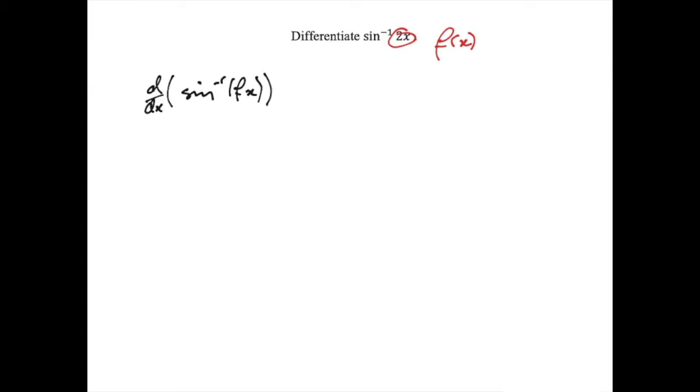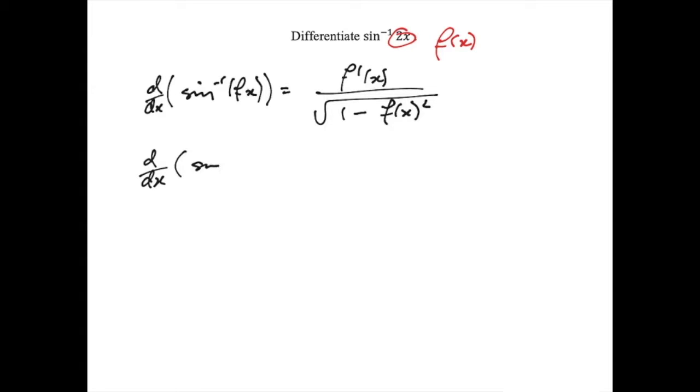And our derivative on our reference sheet is the derivative of that function over root 1 minus that function squared. Or, if it's in the form inverse sine x over a, then it can be 1 over root a squared minus x squared. So we actually had the same sort of decision to make in the last one.